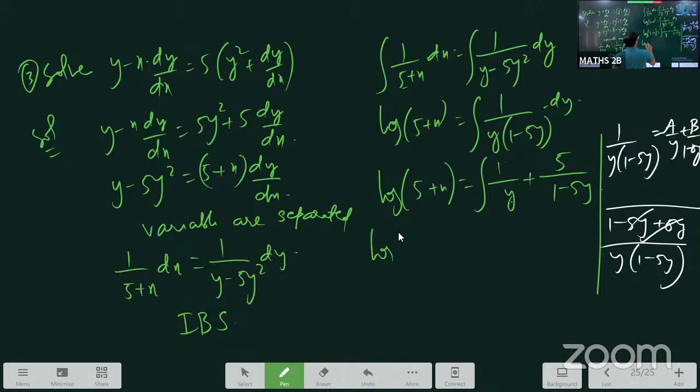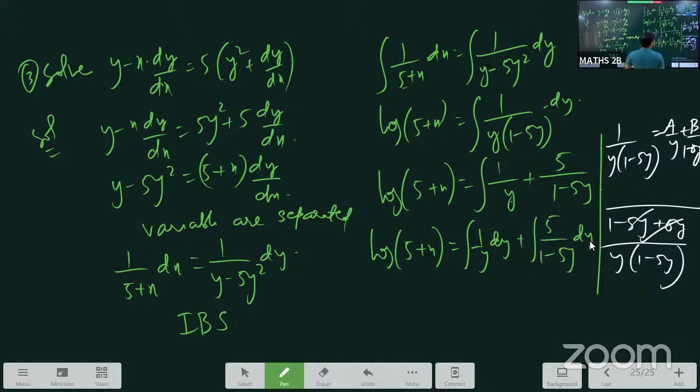Now log of 5 plus x equal to integration of 1 by y dy. Right. Now see, integration of 5 by 1 minus 5y dy. Separate your integration. So log of 5 plus x is equal to, this is log y.